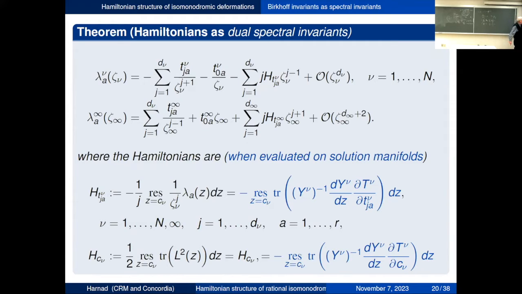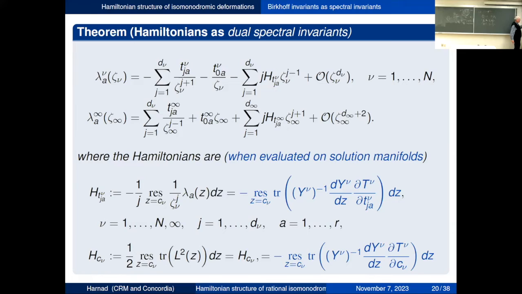The polar parts are given by the Birkhoff invariants, the coefficients of the polar parts. The first mirror image holomorphic parts in the Laurent expansion are also spectral invariants, but these are the Hamiltonians that drive the system. They come in pairs: the deformation parameter, the Hamiltonian, and so on.